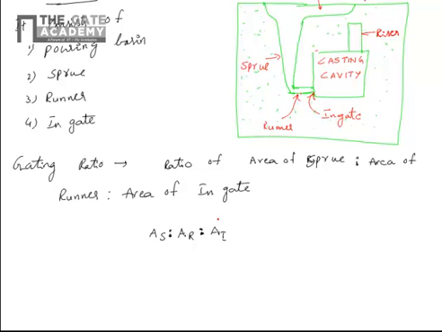They asked this once in GATE 2010. In gating system, the ratio of 1:2:4 represents. This ratio is a standardized ratio. Don't worry about the numbers. The first area is sprue area, and next are runner area and ingot area. Sprue area means area of the top sprue or bottom sprue. That you need to know first.